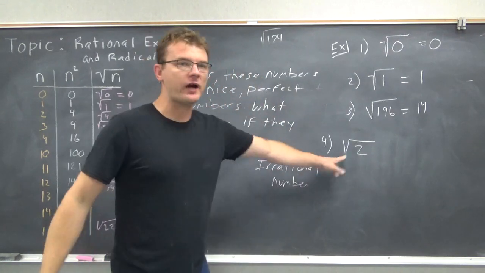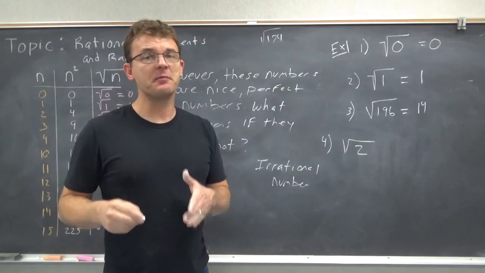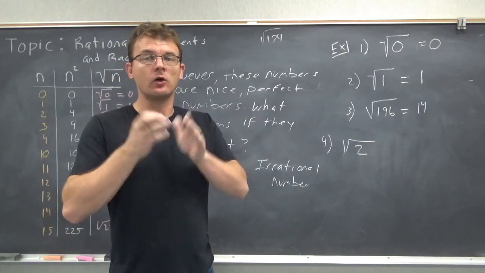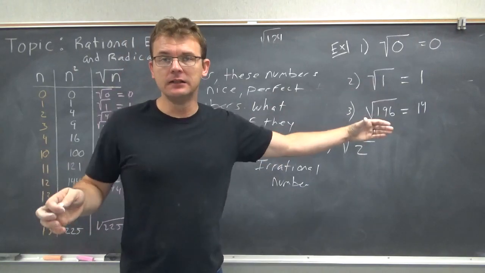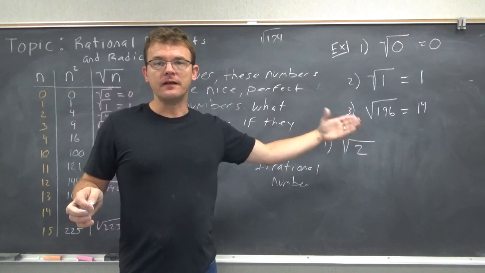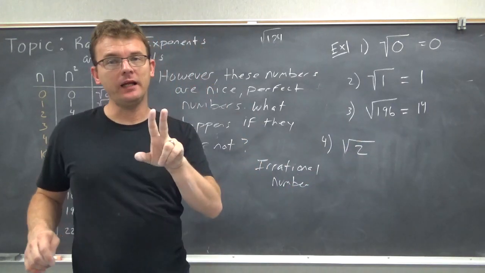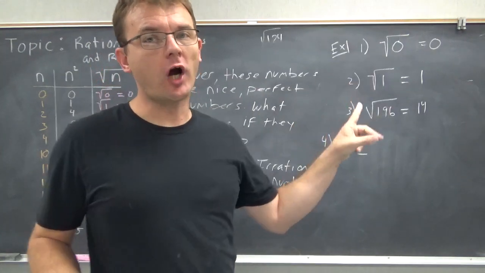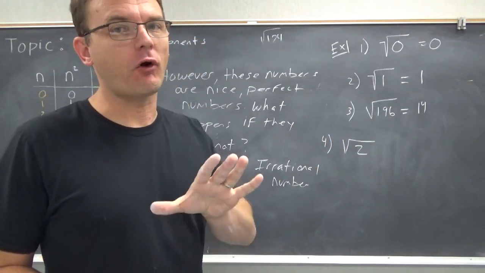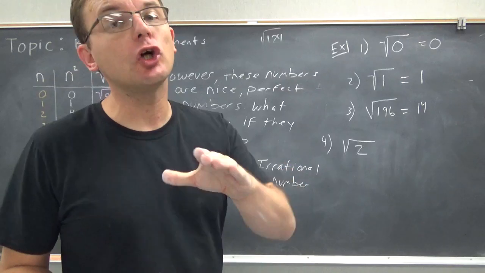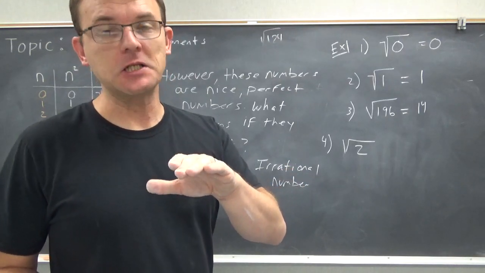This is what we call an irrational number. An irrational number, remember, in our number systems, goes on and on and never stops. But can we try to get an approximation, try to get close to it? And the answer is yes.